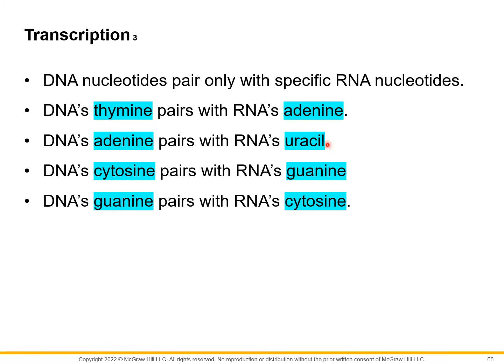Cytosine and guanine would pair up with each other regardless kung DNA or RNA. Okay, so again, notice kung saan lang po nagbabago. Alright, sa DNA, ang meron siya initially is thymine and adenine. Pero sa RNA, after that, no, ang meron siya is adenine and uracil. So take note of that difference.